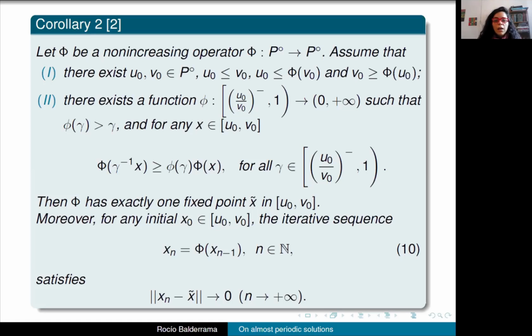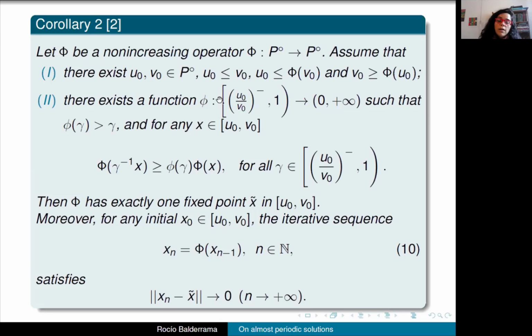In all these works, the authors consider other fixed point theorems, but in all of them similar functions like that appear. But all of these functions have here, instead of this interval, the open interval (0, 1).